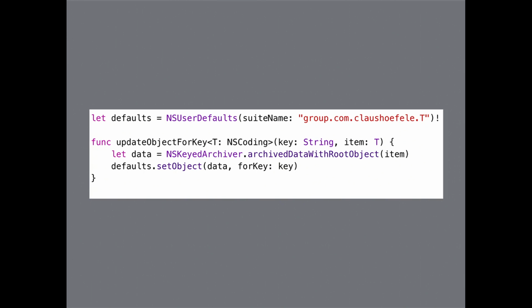The easiest way to do this is NSUserDefaults. NSUserDefaults can be initialized with what they call a suite name, but it's actually the app group name. And as soon as you initialize user defaults with this, everything that's stored inside can be accessed by all apps that are in this group. Apart from user defaults, you can also use Core Data. Basically, you create the Core Data stack, the store, in this app group container, and then several extensions can use it.